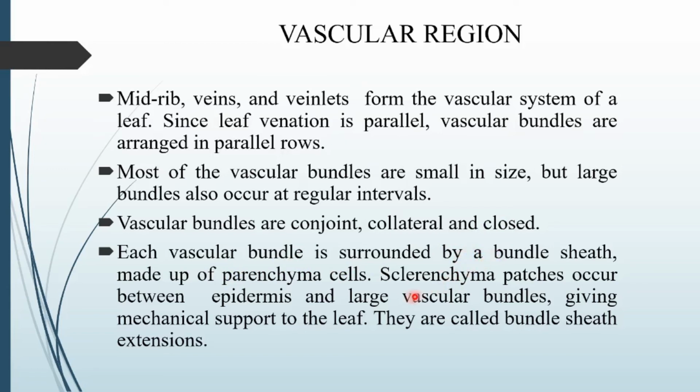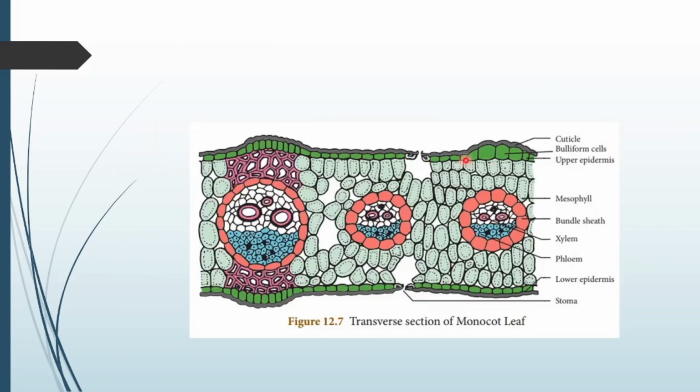In the case of large bundles, sclerenchyma patches occur between the epidermis and these large vascular bundles. It gives mechanical support for the leaf. These sclerenchyma patches are called bundle sheath extensions. Here you can see that the circular structures are called vascular bundles.